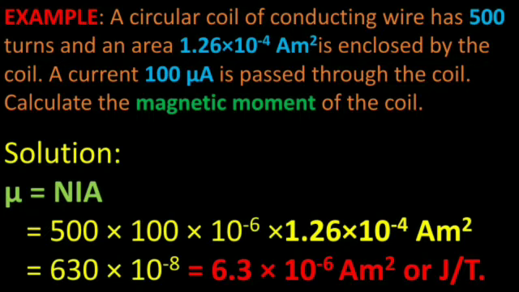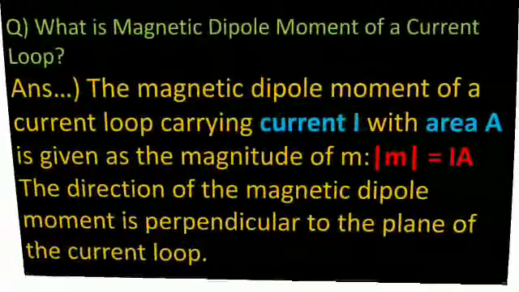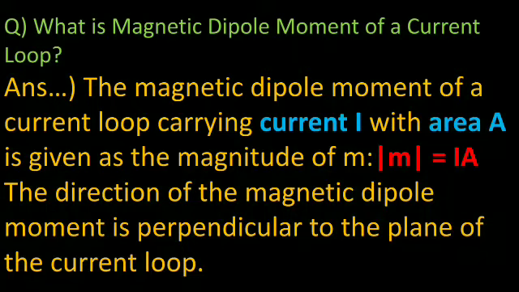Now after this I have a few questions that will help you to solve the 1 mark or very short type of questions. These are: what is magnetic dipole moment of a current loop?